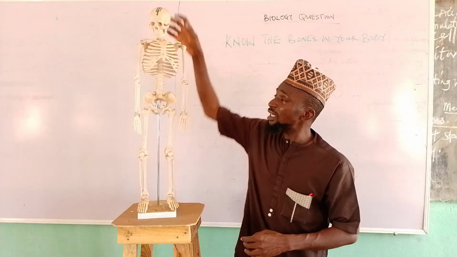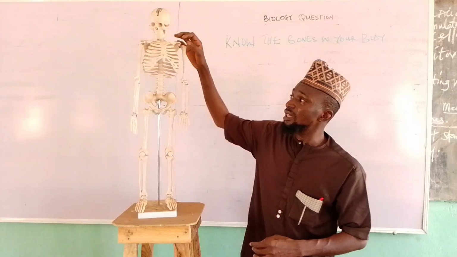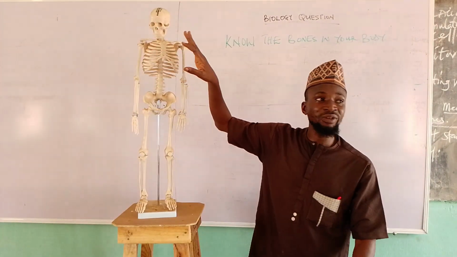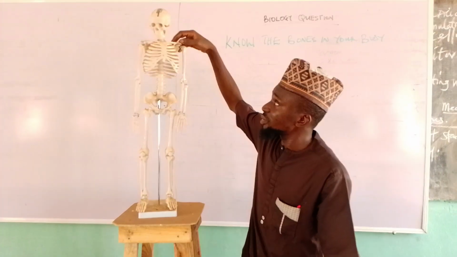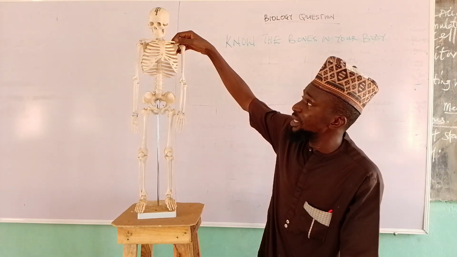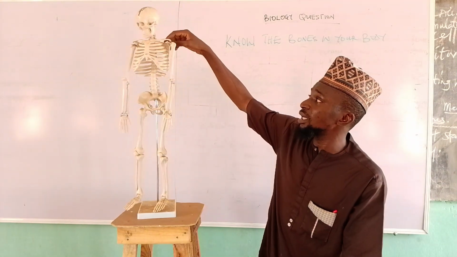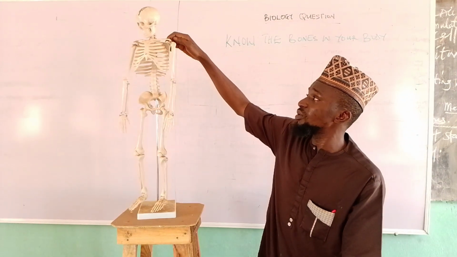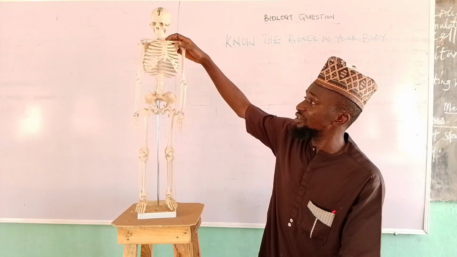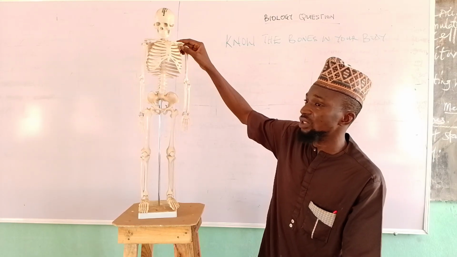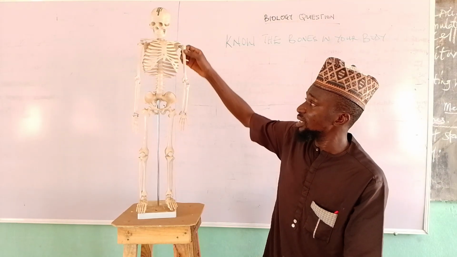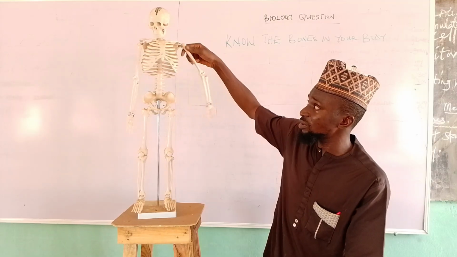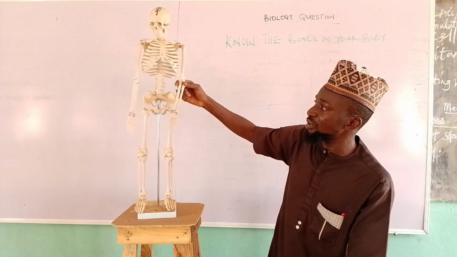Now, after the head and the backbone, the remaining part of the bone is referred to as the appendicular bone. Here we have the shoulder blade, or the clavicle. Then we have the pectoral girdles, which support the arm. Then we have the humerus, the bone from your shoulder to this place.